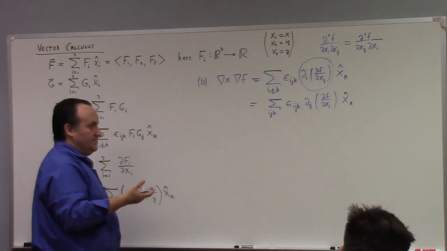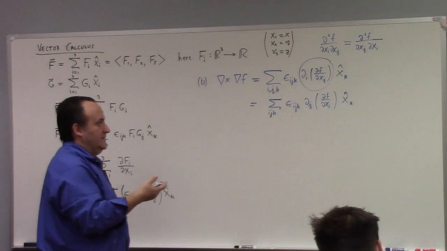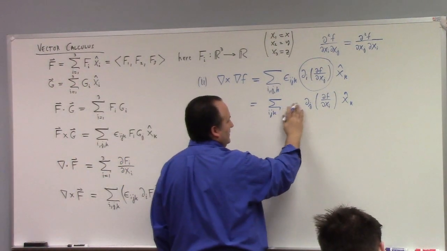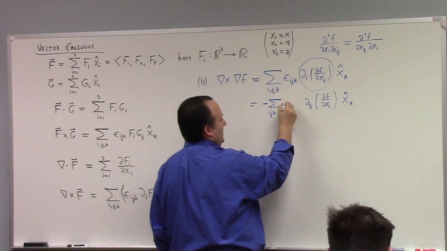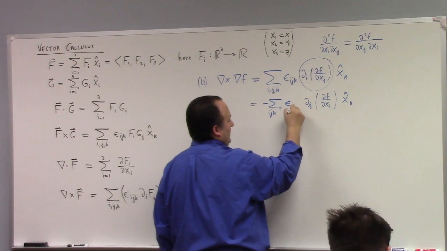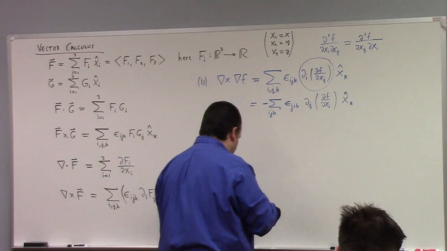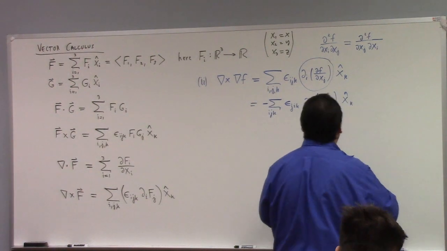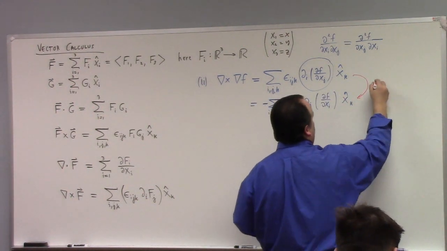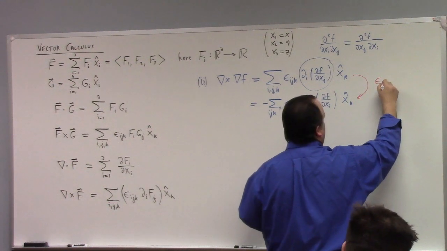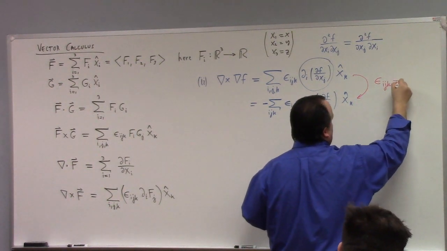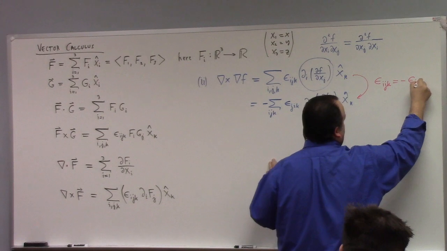But then I'm going to erase this and put a minus here and put epsilon j i k. That's one of the main properties of this anti-symmetric symbol: whenever you switch a pair of indices, you get a minus. So epsilon i j k is equal to minus epsilon j i k.